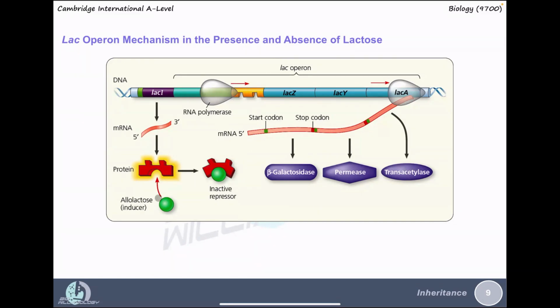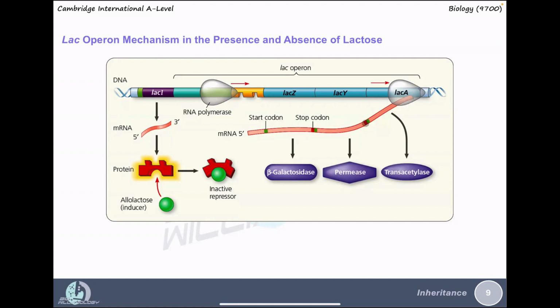But now in the presence of allolactose, where the lactose is converted to allolactose, allolactose can bind to the allosteric site of this repressor protein, making the repressor protein inactive. The inactive repressor protein detaches from the operator. Therefore, RNA polymerase can bind to the promoter and initiate the transcription, resulting in the production of mRNA.